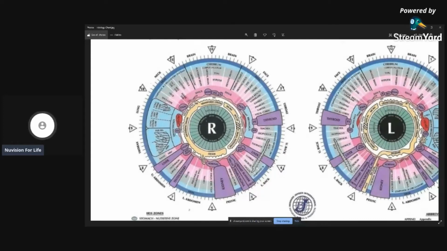So what we're looking for when we're looking at an eye is the lines. We're looking at if there are any craters, which we call lacunas. We're looking for stagnations. Also genetics: the eyes show us genetics. If you have good genetics or weak genetics, we can see this.